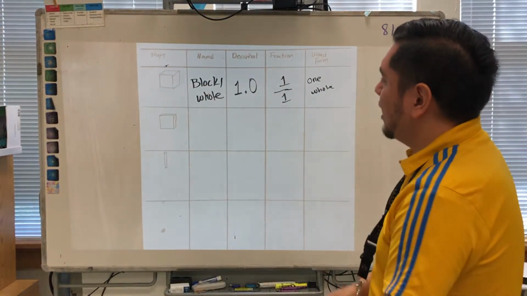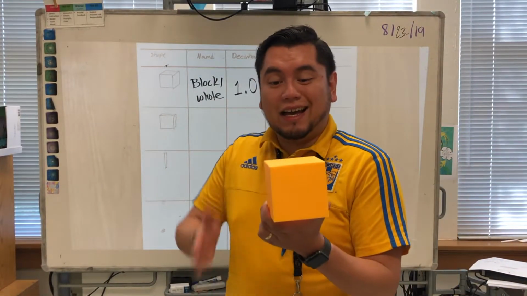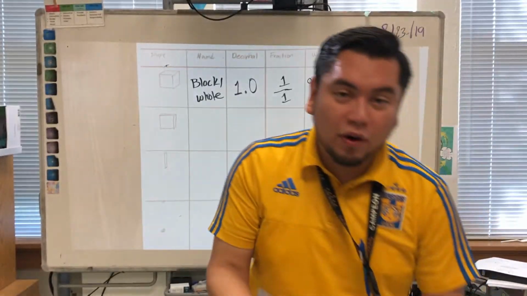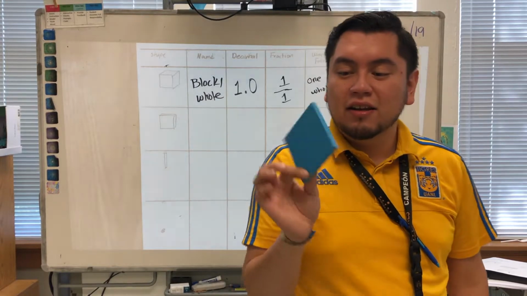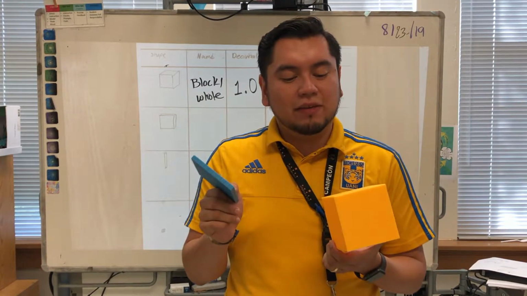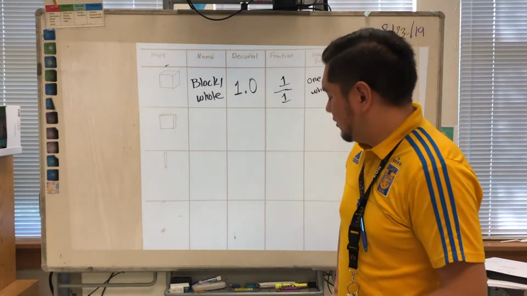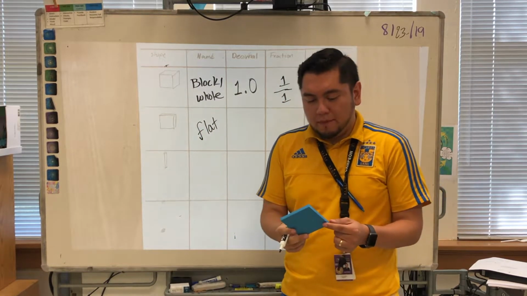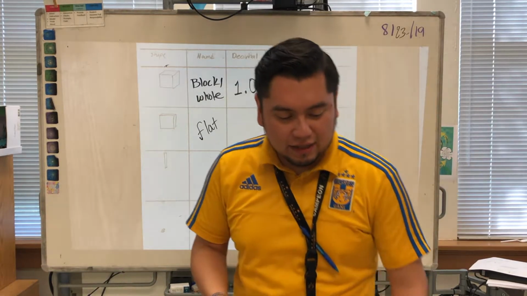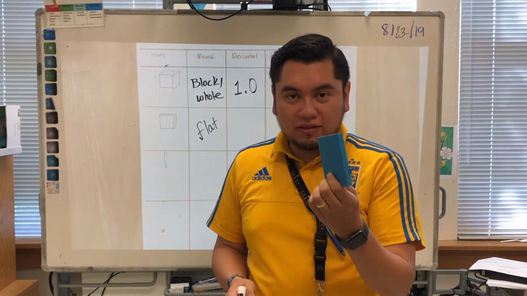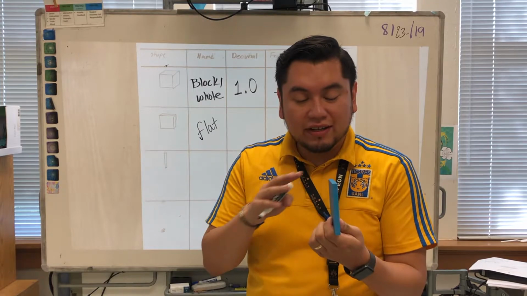Now from there, imagine that I took this one and I cut it into 10 parts. If I cut it into 10 parts, I'm gonna get 10 of these. 10 flats are gonna make 1 whole. You always gotta keep referencing back to your whole. So this one is called the flat. Now think about it. If I cut the whole into 10 parts and I grab one of these, this is 1 out of 10.